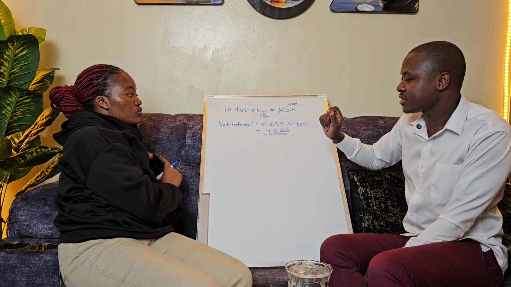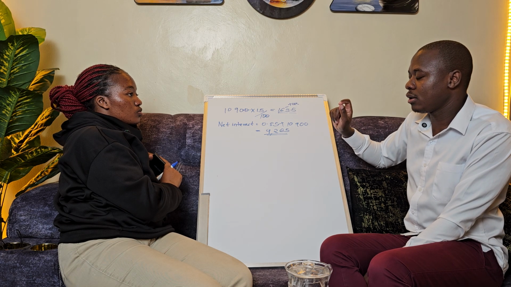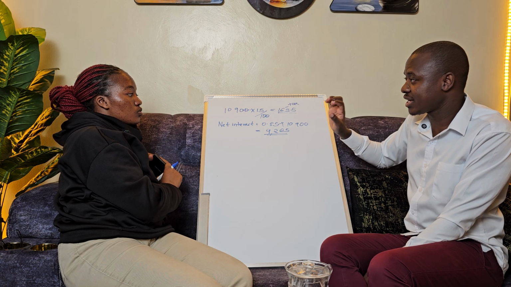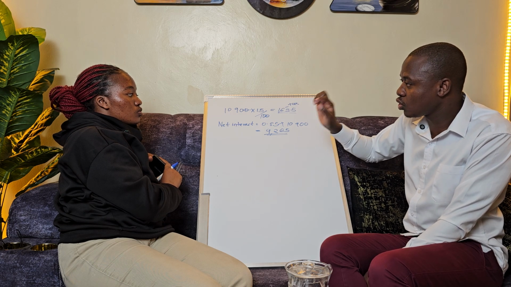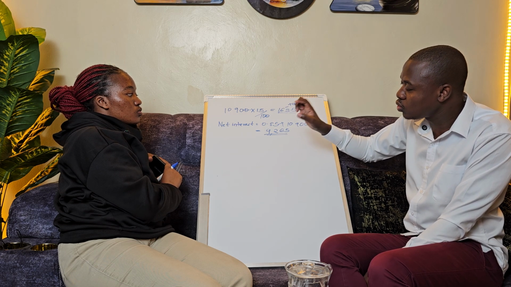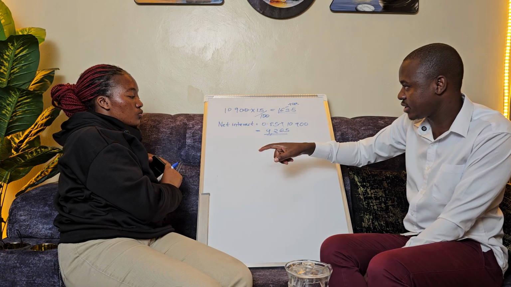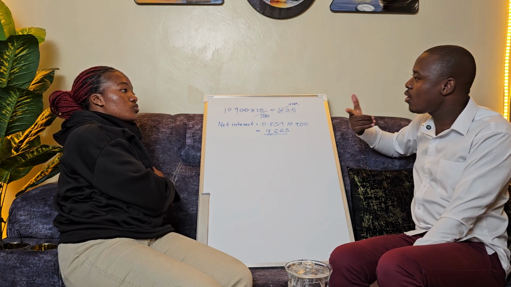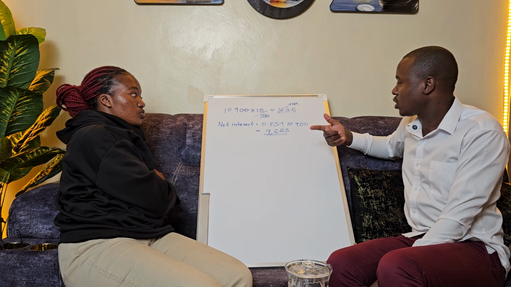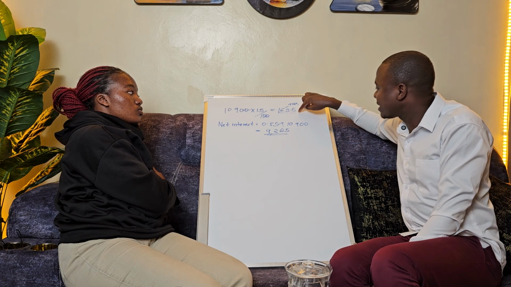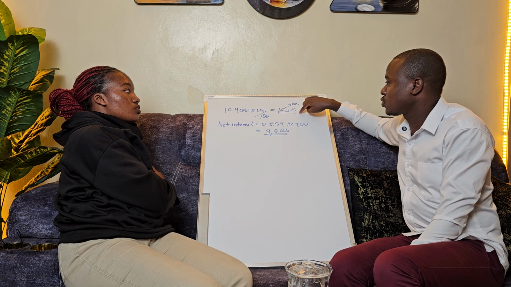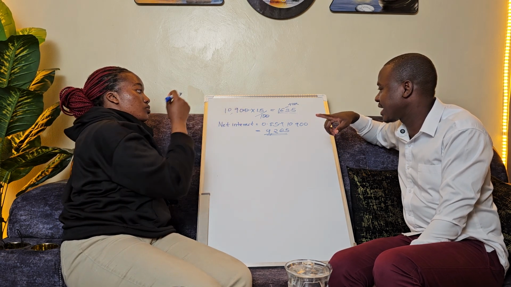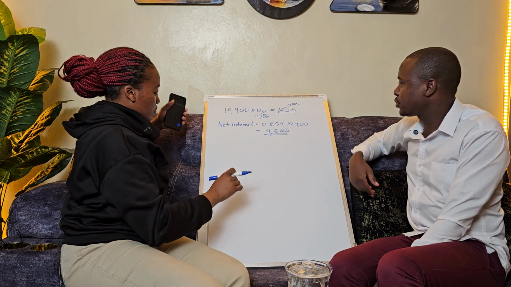Because the tax is usually paid, it's included in that amount that you send to government. So to calculate how much you are going to send to government, we are going to add this tax to the discounted price that we had calculated. Turn the other side, I'll show you.